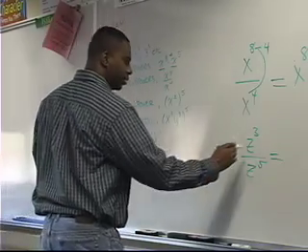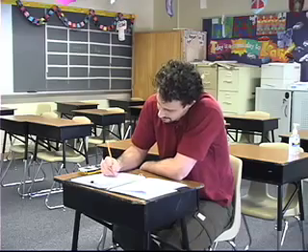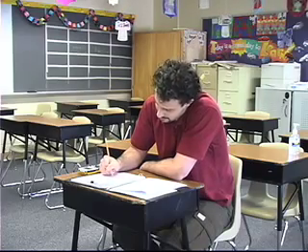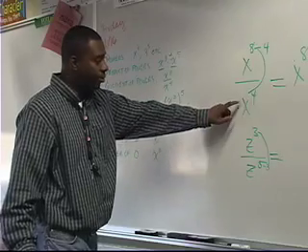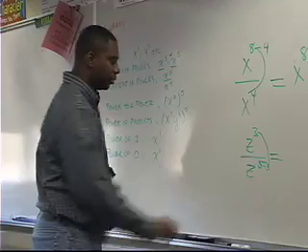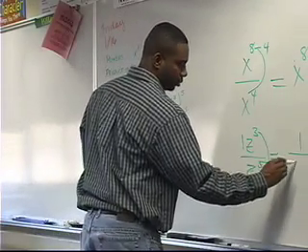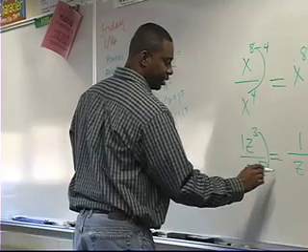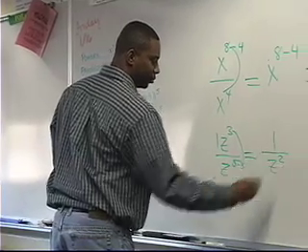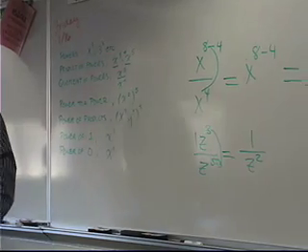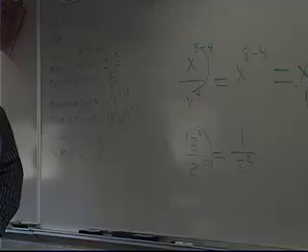So in this case, we're going to move the 3 below and subtract it away from the largest number. Remember what we replaced the top or the bottom number with when we moved it? A 1. So this becomes 1 over z to the 5 minus 3, which gives us what? 2. So z squared. 1 over z squared is our final result.